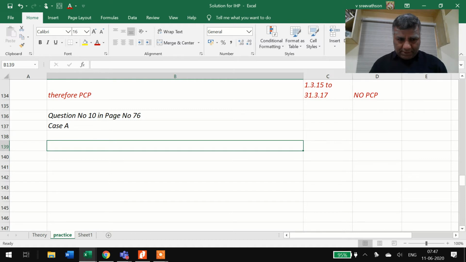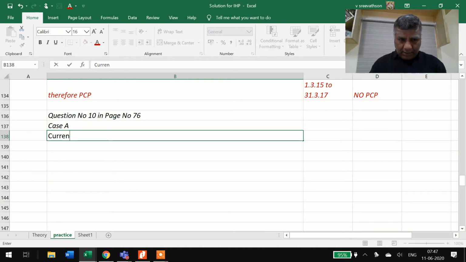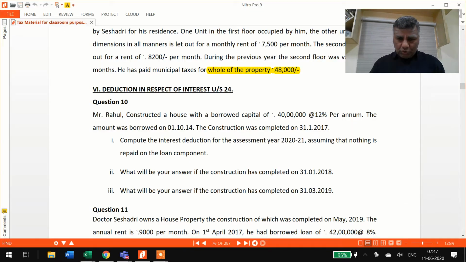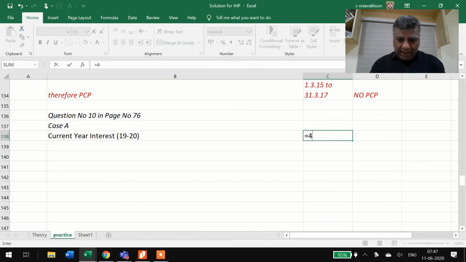My dear friends, current year interest is nothing but your financial year 1920. What is the total loan component? 40 lakhs into 12%, 4,80,000.